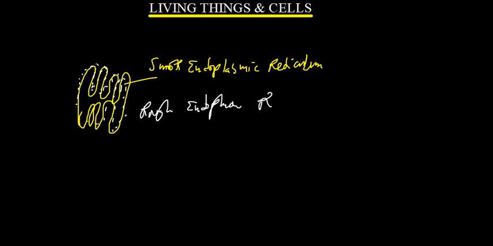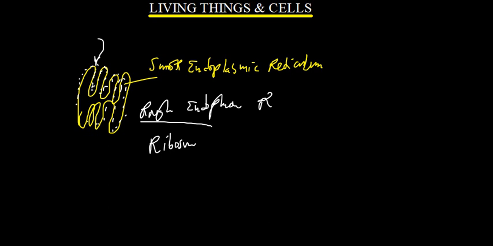You also have something which is known as a Golgi body. So the function of the rough endoplasmic reticulum is basically to make proteins, because ribosomes, which you can see here, are involved in the making of proteins.